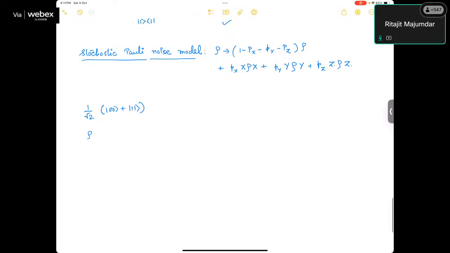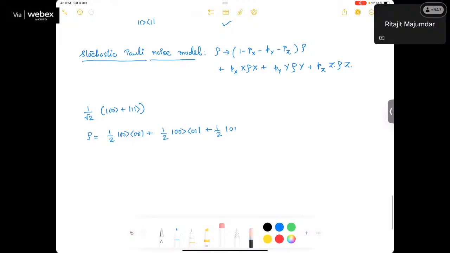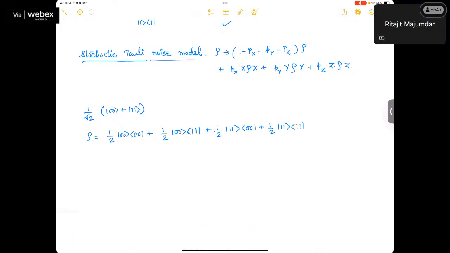So what we can do from here is, if I write it down as rho, it naturally becomes half |00><00| plus half |00><11| plus half |11><00| plus half |11><11|. This will become my density matrix. Let's just call this AB, just to say that the first qubit belongs to, say, Alice, and the second qubit belongs to Bob, the two qubits.